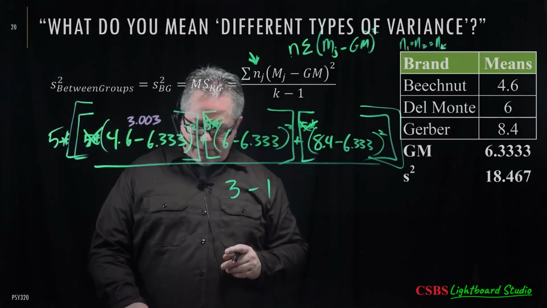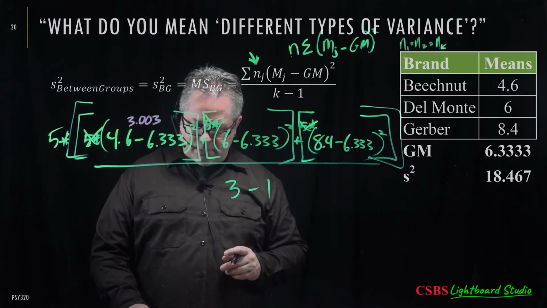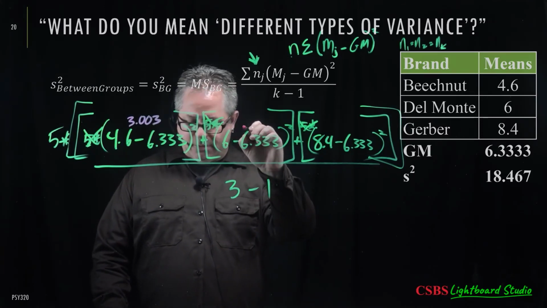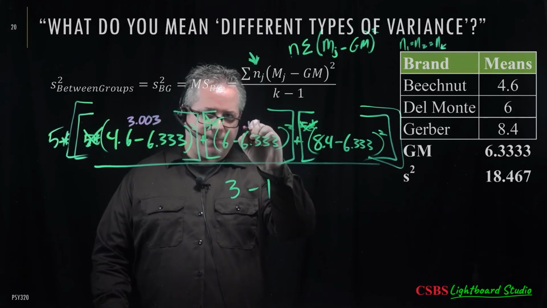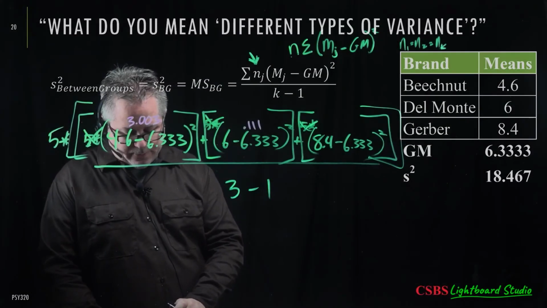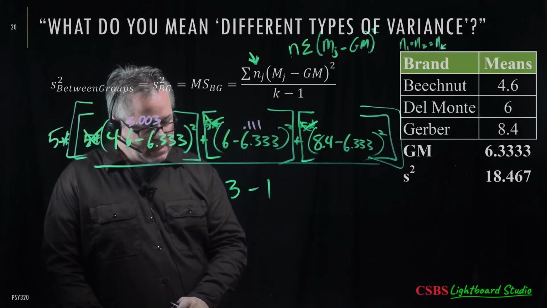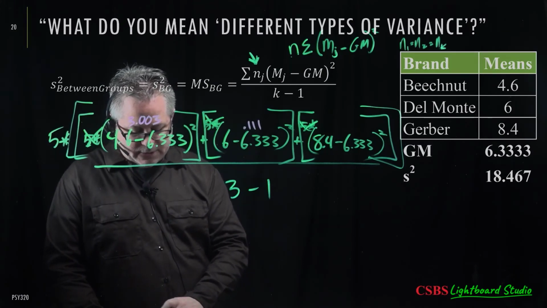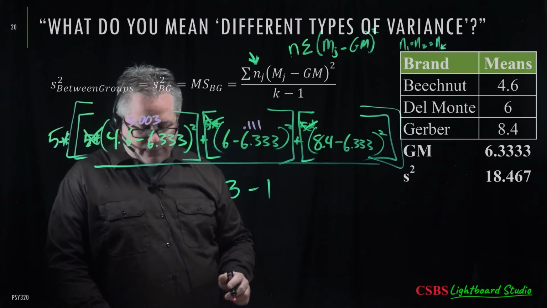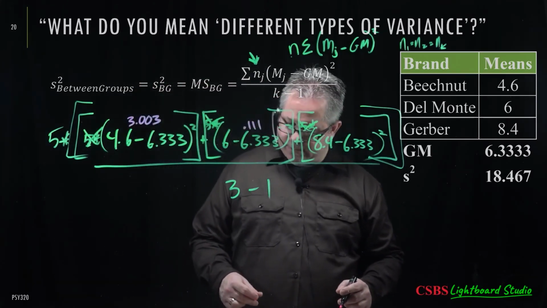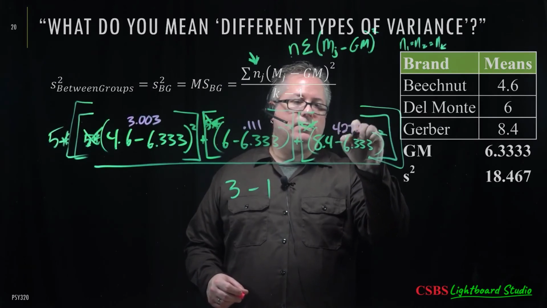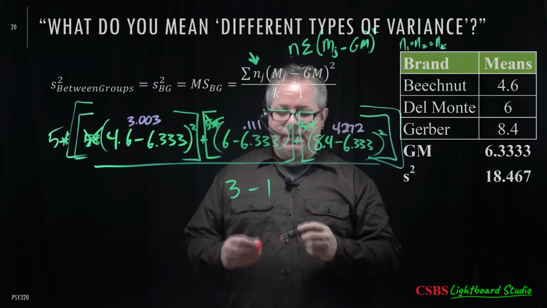So 6 minus 6.333 equals negative 0.333 squared. Inside here is 0.111. 8.4 minus 6.333 equals 2.067 squared, which is 4.272.